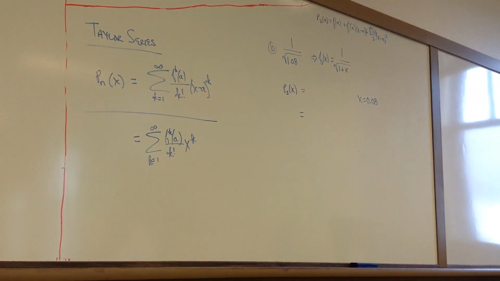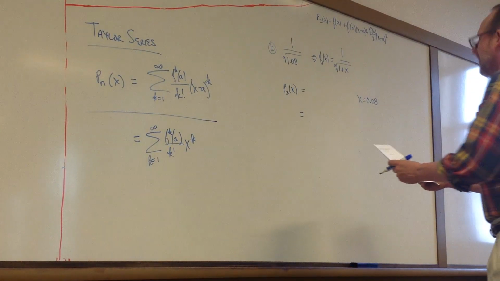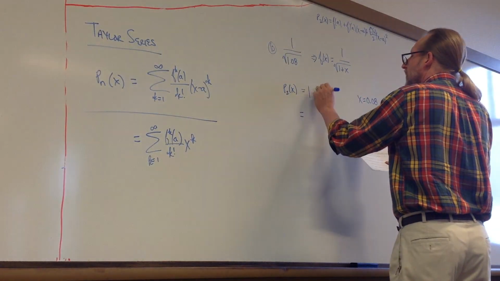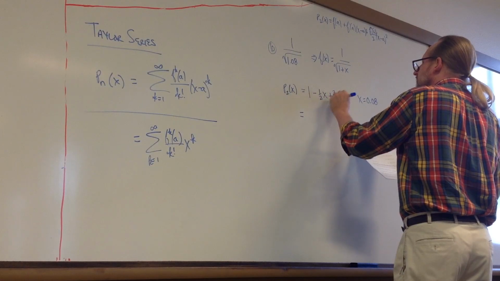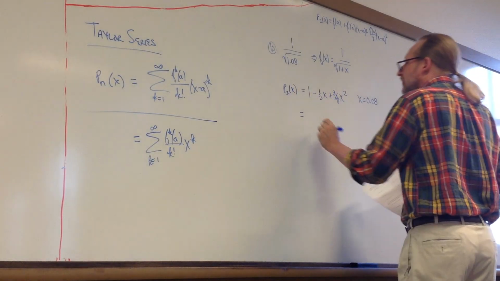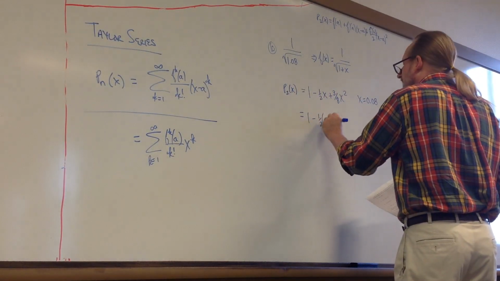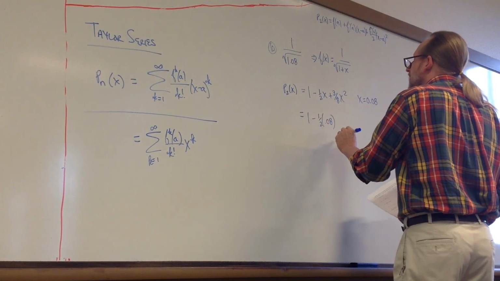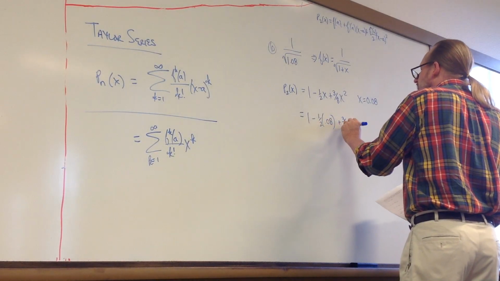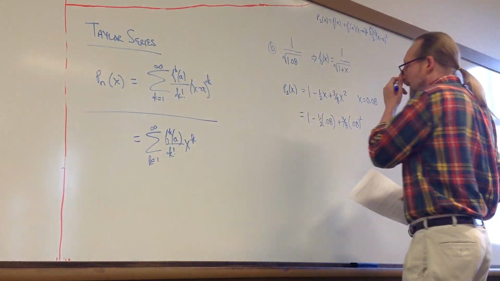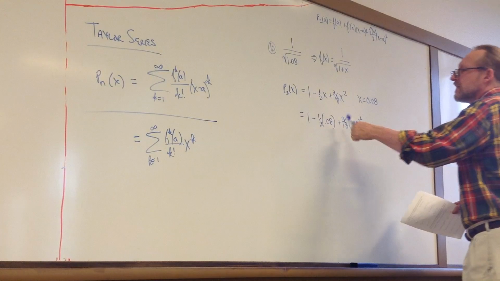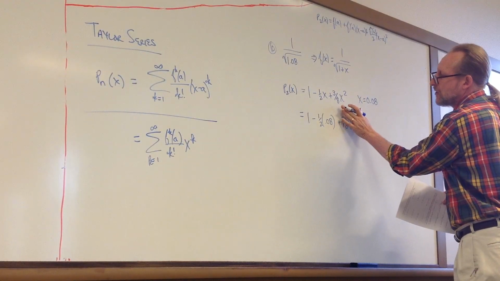All right. So the approximating polynomial for problem 10 is 1 minus a half x plus 3/8 x squared. So 1 minus a half times 0.08 plus 3/8 times 0.08 squared. And you can kind of see that the linear approximating polynomial is right there.